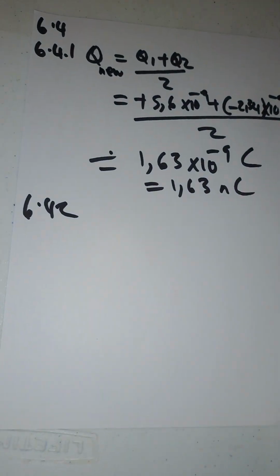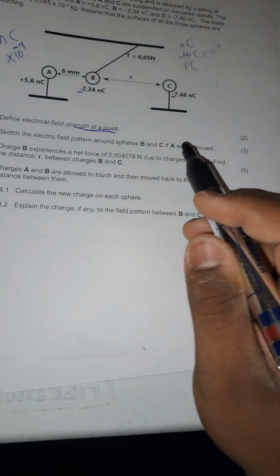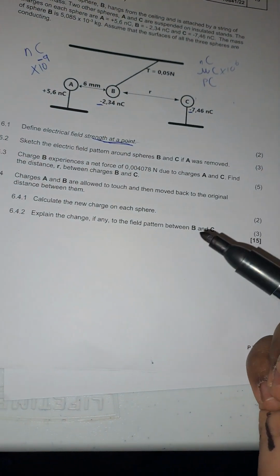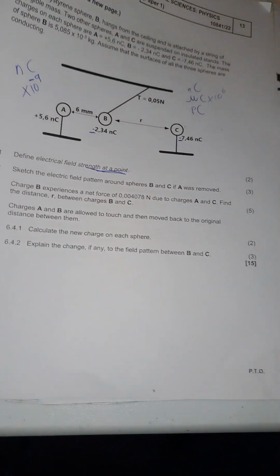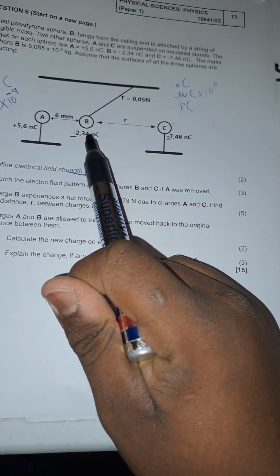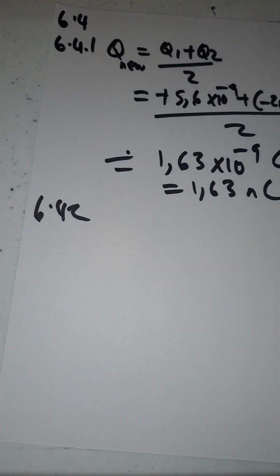6.4.2, the last question. Explain the change, if any, to the field between B and C. A and B were touched and then moved back to the original distance. The new charge was plus 1,63 nC. So this is what will happen.